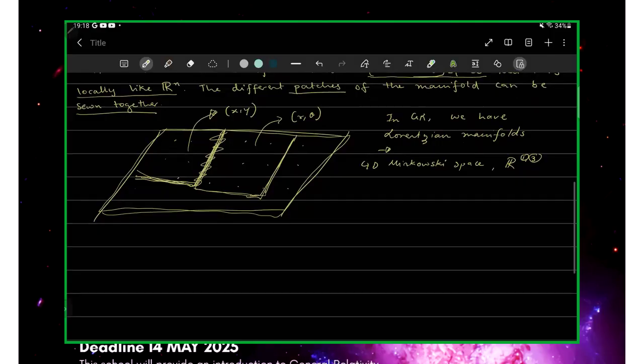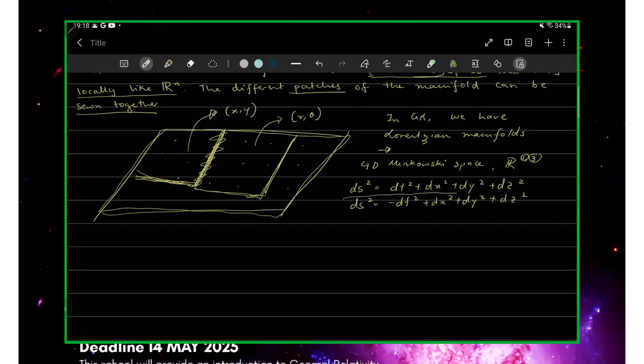However, for Lorentzian manifolds, we treat the temporal part with a different signature. Meaning, if you write a distance element, ds squared, as dt squared plus dx squared plus dy squared plus dz squared for four-dimensional Minkowski space, then for a Lorentzian manifold, a Lorentzian space, we would treat time on a different footing with a minus signature, and space on another footing with plus signature.